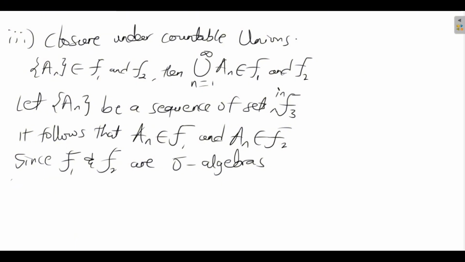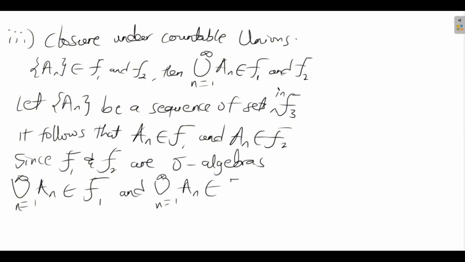the union from n equals 1 to infinity of AN belongs to F1, right? Because F1 is a sigma algebra, and the union from n equals 1 to infinity of AN also belongs to what? F2. This is because we know that F1 and F2 are sigma algebras.